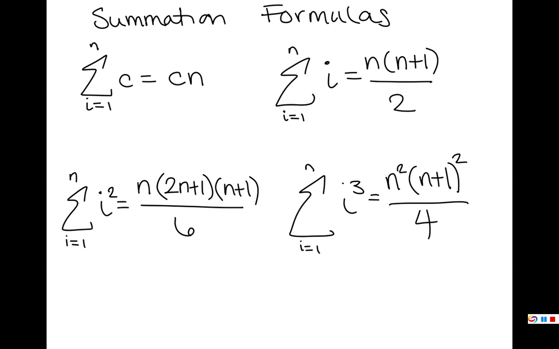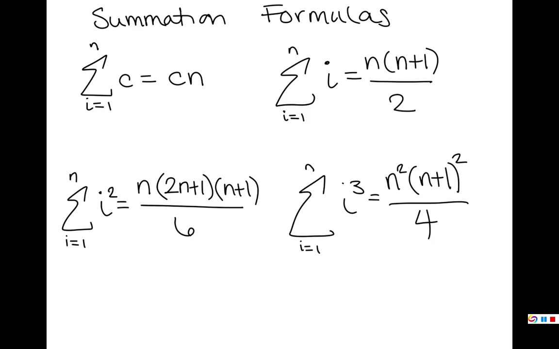All right, I've got 4 summation formulas now on the board. These are formulas that are going to tell us how we can find various sums without actually having to add all the numbers together.